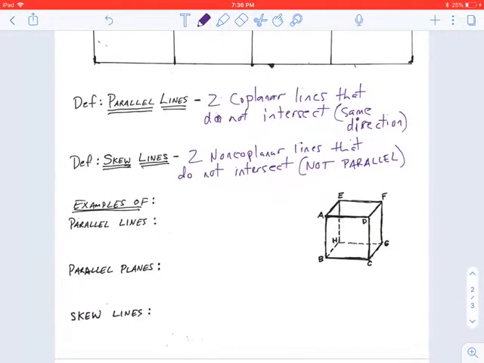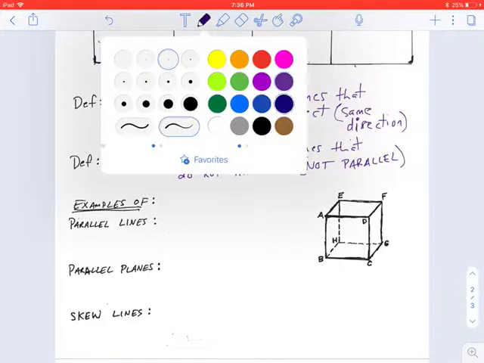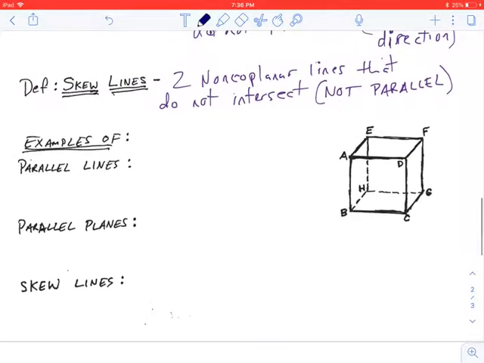All right, so looking at our picture, let's go ahead and just pick out a couple examples of parallel lines. I'm just going to pick a couple easy ones. Let's say AD and BC. So I'm going to use my labels: AD is parallel to BC.